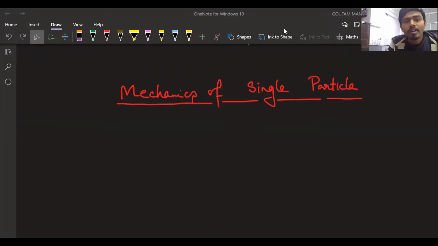So today I will discuss only some elementary mechanics of single particles. If you have 10 plus 2 knowledge, these are very well known, so let me just revise them.